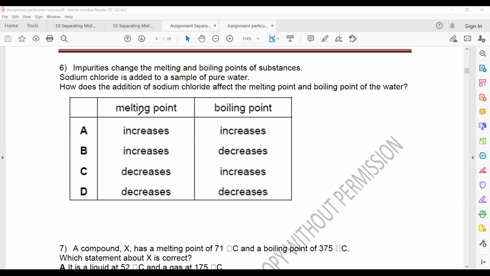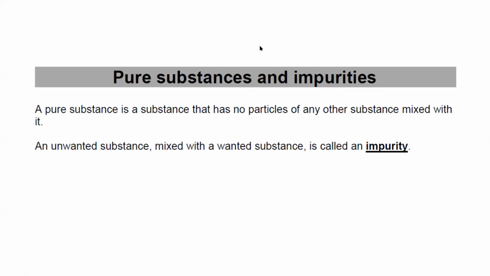Here C again. Why? Because the melting point decreases and the boiling point will increase. So C is the right answer. So simply, impurities will lower the melting point and increase the boiling point.